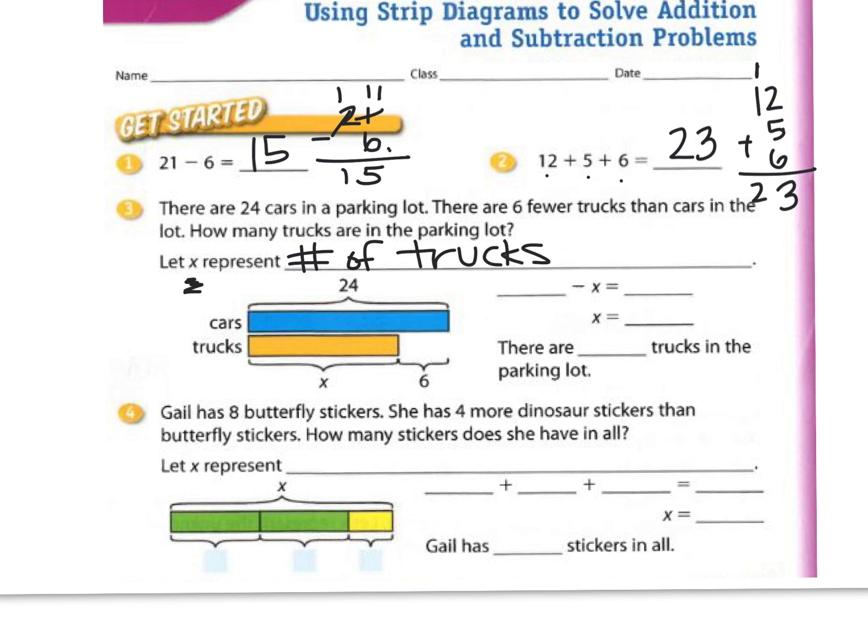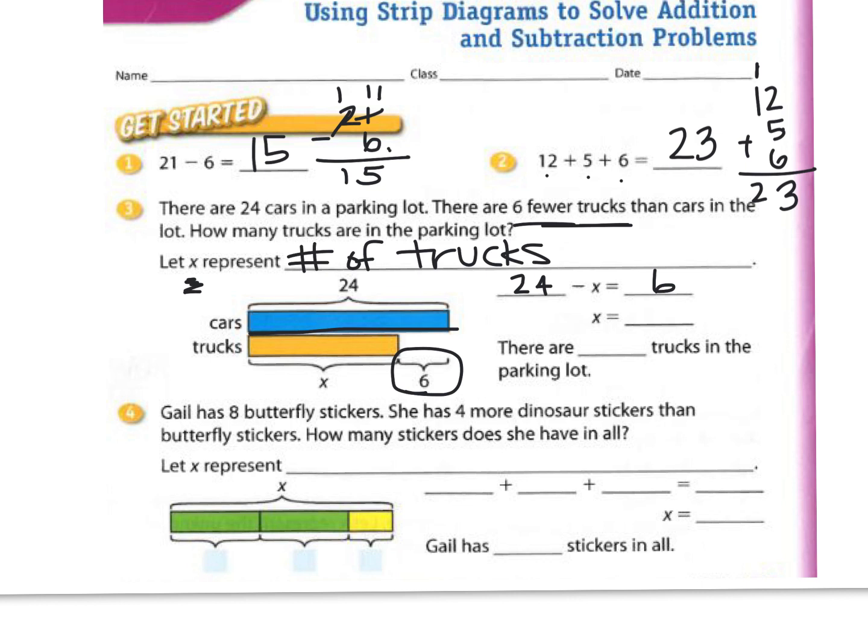Okay, so we know how many cars there are, though. There are 24 cars. So if we do 24 minus x, we're going to get the 6, because we know that there are 6 fewer trucks than cars. So then we have to figure out 24 minus x equals 6.